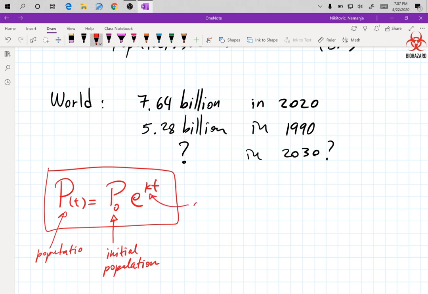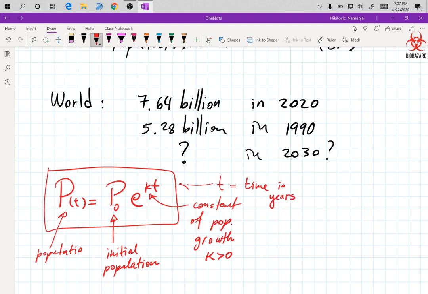And the k is the constant of population growth. And it's bigger than 0 because the population is growing. If the population is decreasing, then it's negative, right? t is time in years.